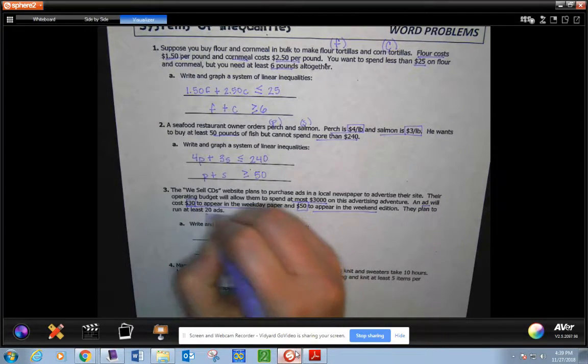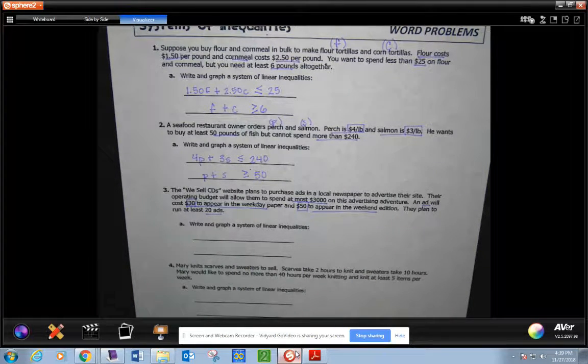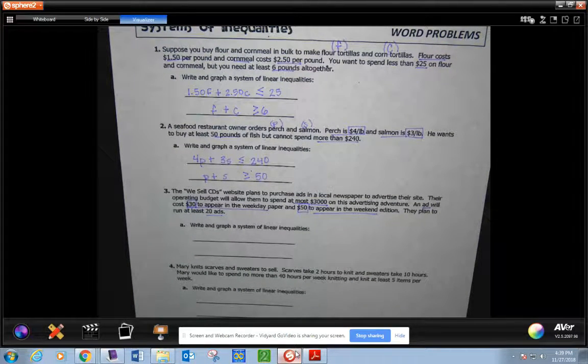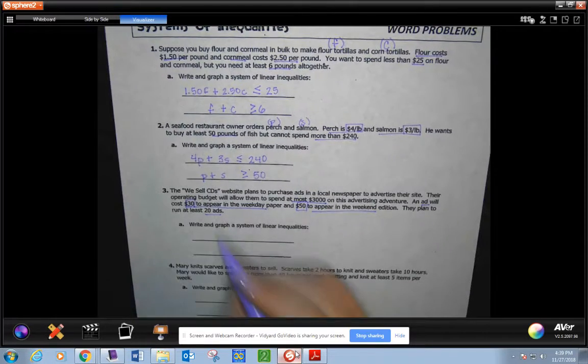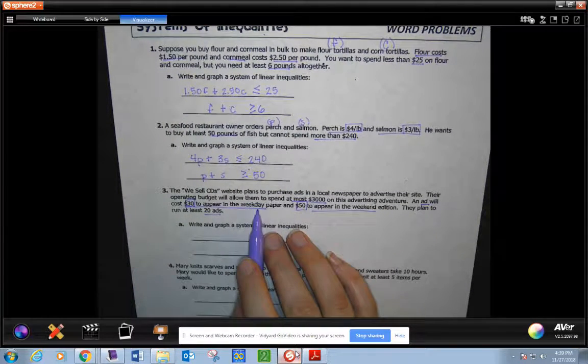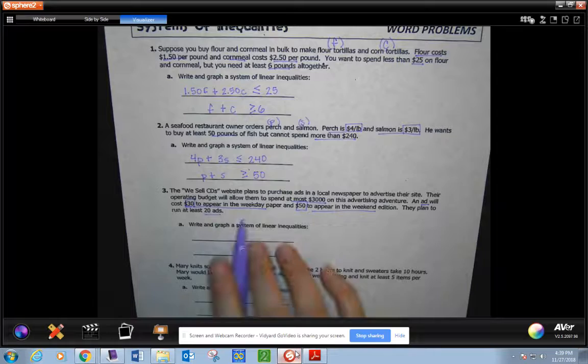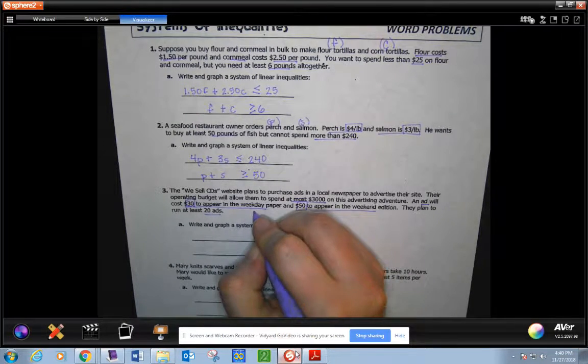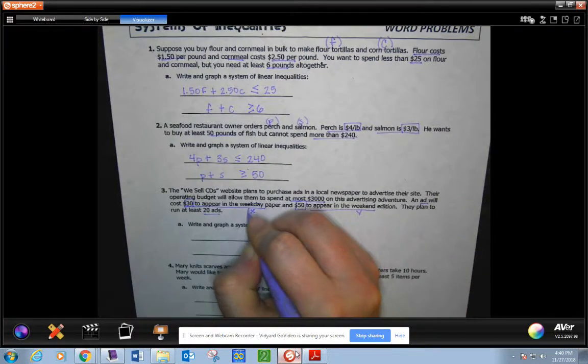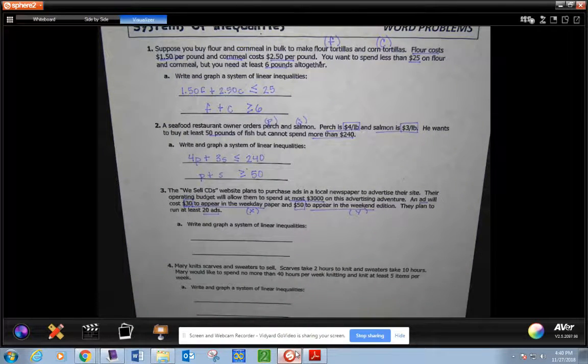They plan to run at least 20 ads. Okay, money with money. You know it's going to cost you $30 for the weekday and $50 for the weekend. Since these both are W's, I would pick X and Y this time. I would have weekday be X and weekend be Y.